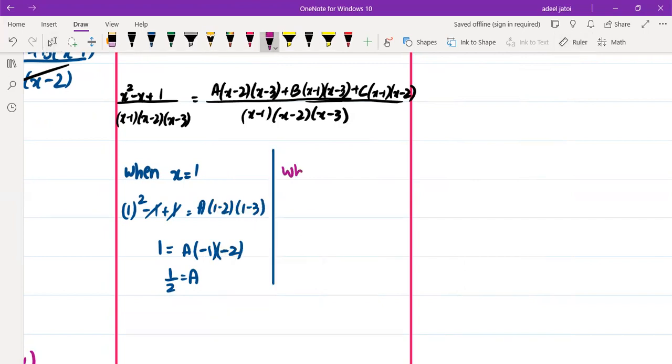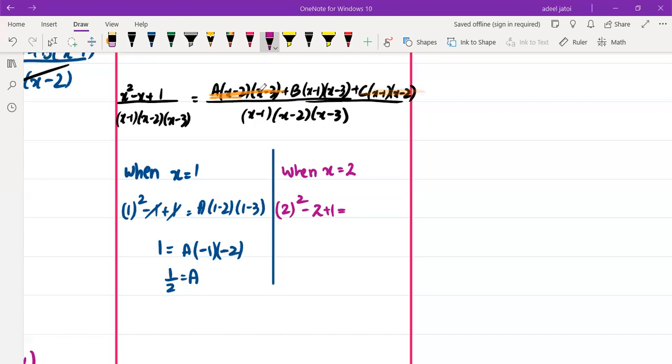When x is equal to 2, what we're going to do is 2 square minus 2 plus 1. If we substitute 2 in the bracket of a, 2 minus 2 will be 0, and if we substitute 2 in the bracket of c, 2 minus 2, c will be cancelled.